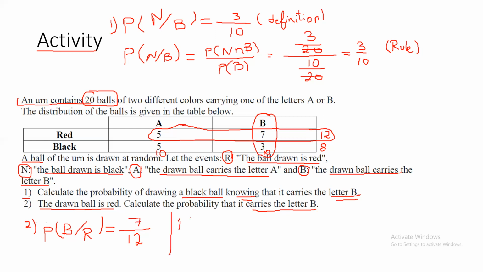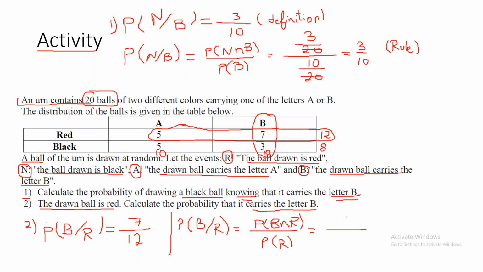By rule, probability of B given R equals, yes George, what is the probability of B given R? Probability of B intersect R over probability of R. George, what is the probability of B intersect R? 7 over 20.